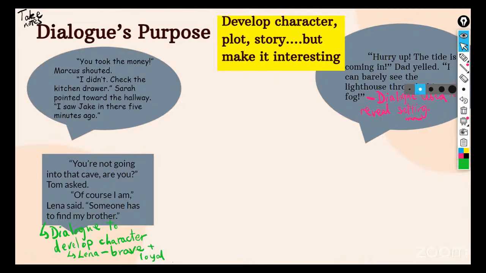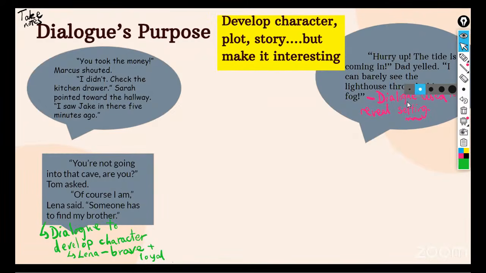All right, what is the dialogue doing in this particular example? Let me hear from you. What y'all think? Do I have the chat on? Yes, I have the chat on.